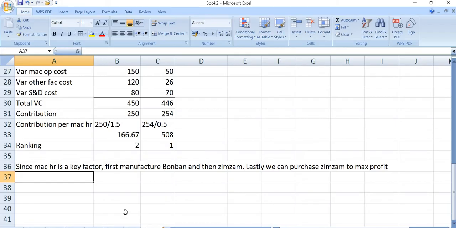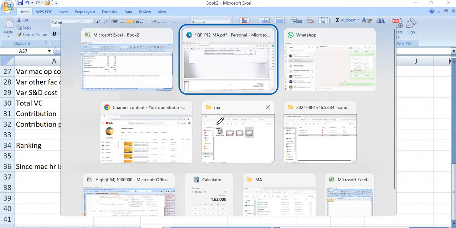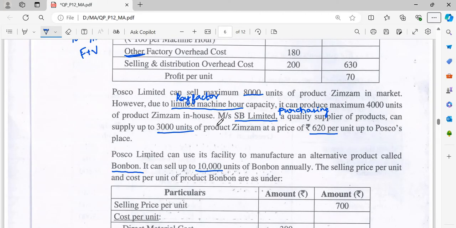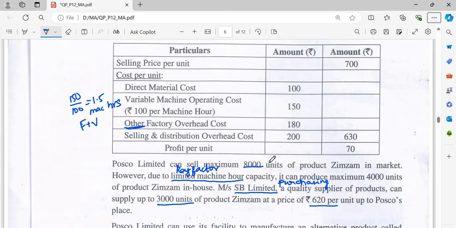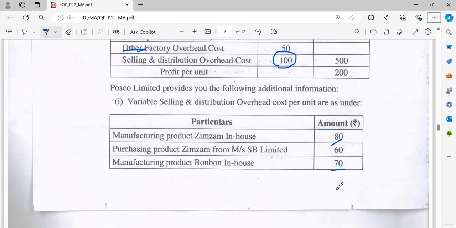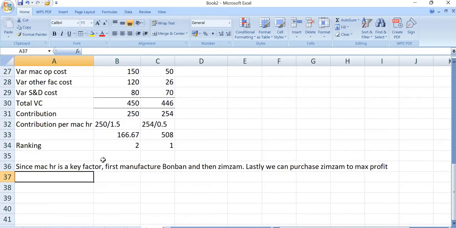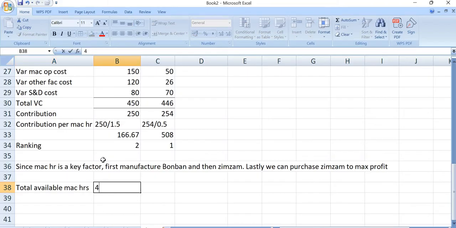So let me calculate how many units we need to purchase or produce. Total machine hours available they have mentioned in the question. There are 8,000 units of Zimzam in the market, but we are producing only 4,000 due to capacity, right? So we are manufacturing 4,000 because of limited capacity. So 4,000 into 1.5 hours is required. That means 6,000 hours are available.